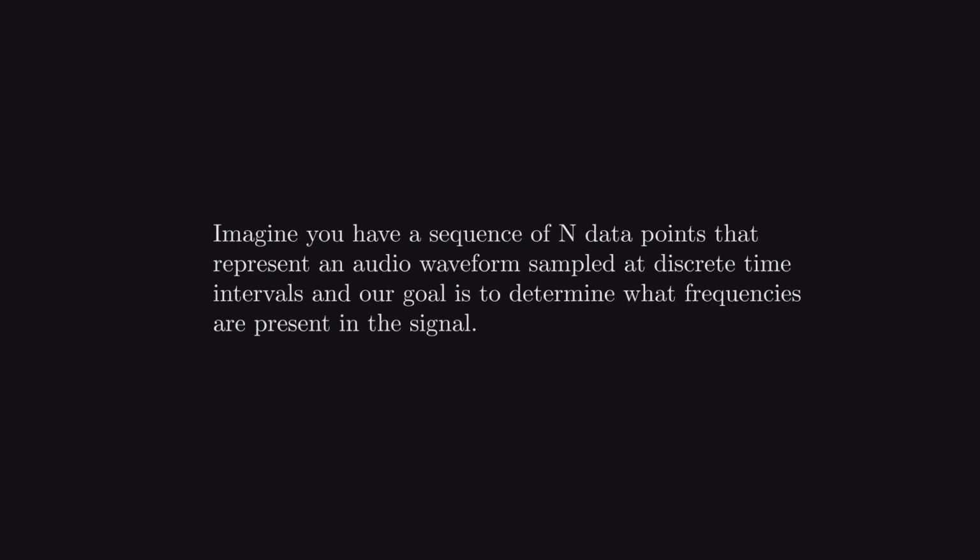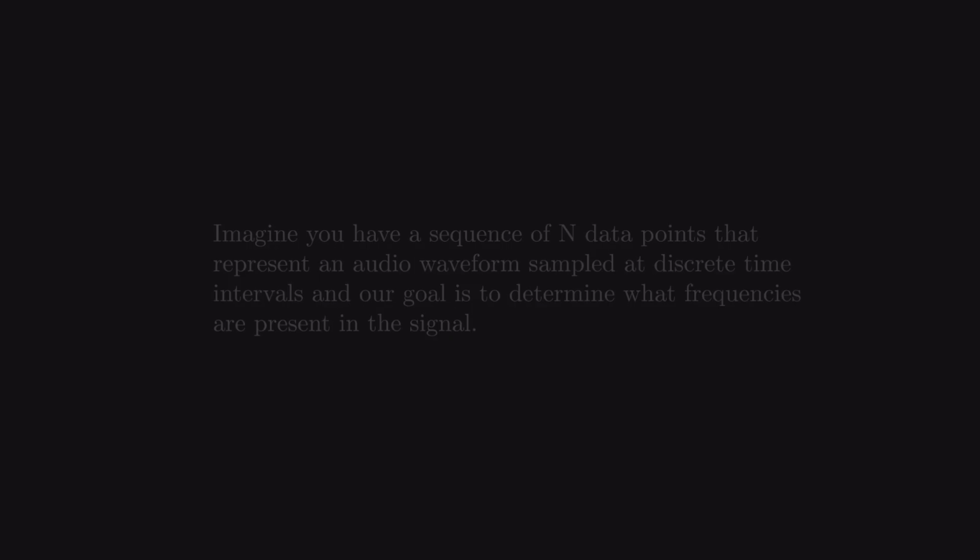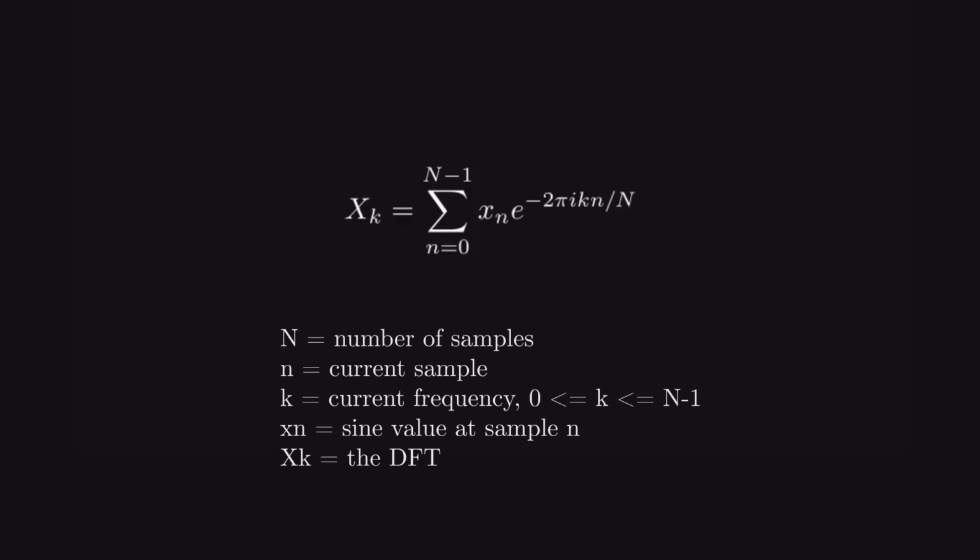Imagine you have a sequence of N data points that represent an audio waveform sampled at discrete time intervals, and our goal is to determine what frequencies are present in the signal. The discrete Fourier transform as an operation can be written in this form, where big N is the number of samples, little n is the current sample, k is the current frequency between 0 and N minus 1, x_n is the sine value at sample n, and X_k is the ultimate DFT, which includes information on both the amplitude and phase.